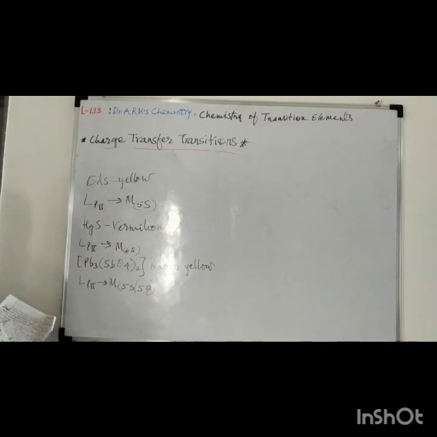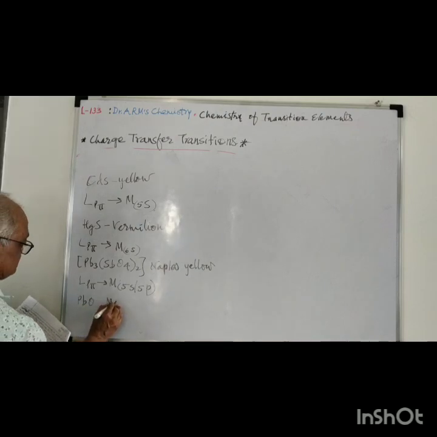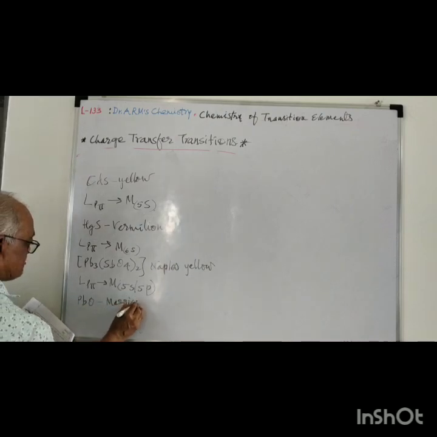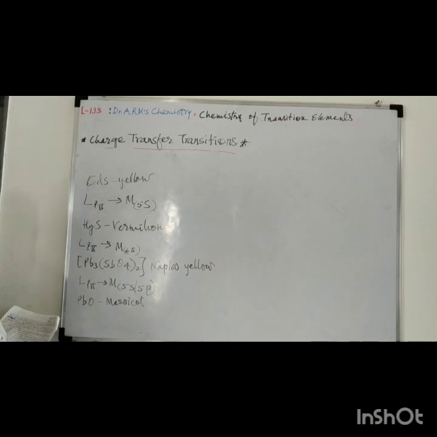Then PbO is massicot in color, and it will have the transition ligand p pi to metal 6s.